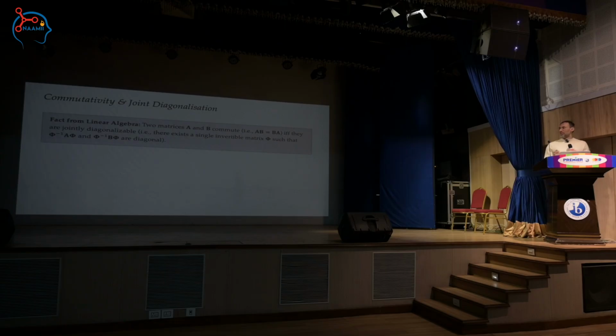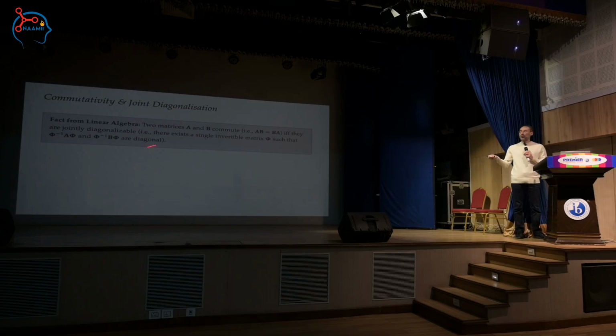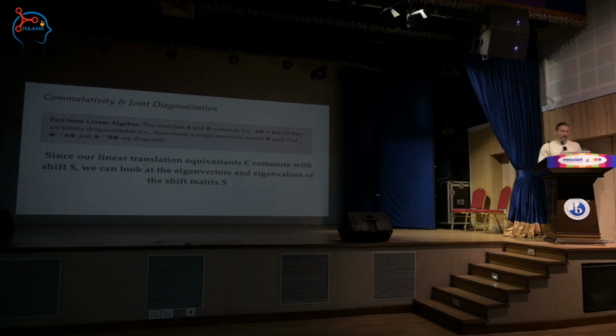We call these matrices the matrices of eigenvectors, and we say that it diagonalizes the matrix. The diagonal matrix will contain on the diagonal the eigenvalues of the matrix. The eigenvalues might be different for A and B, but the eigenvectors are the same. This is what we mean by being jointly diagonalizable.